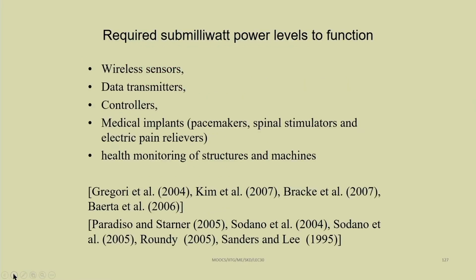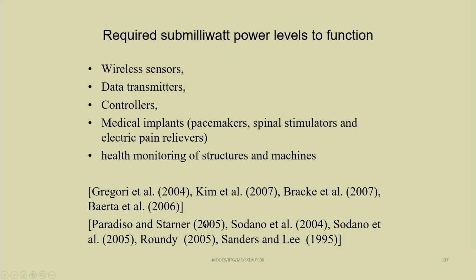These are the cases where we require a sub milliwatt power level to function. For example, wireless sensors, data transmitters, controllers, and medical implants, particularly pacemakers, spinal stimulators and electric pain relievers. So, here we require very little power, as in health monitoring of structures and machines.